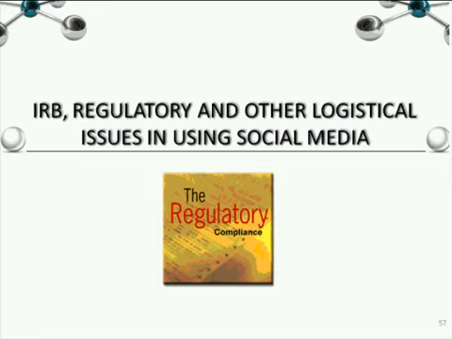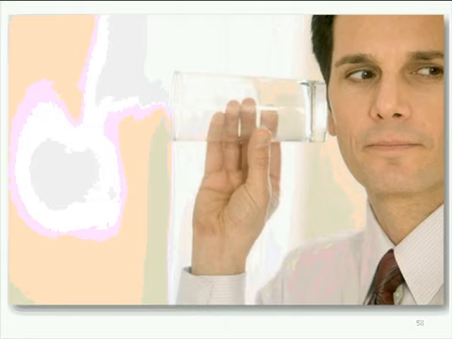Okay, now we're going to move into some of the IRB and regulatory and logistic issues in using social media. One of the main concerns about using social media in research is that of confidentiality, and that you can use something like Facebook as a way to eavesdrop on potential participants and their conversations and determine whether or not they are suitable, and if you want to try to find them and court them to be in your study.